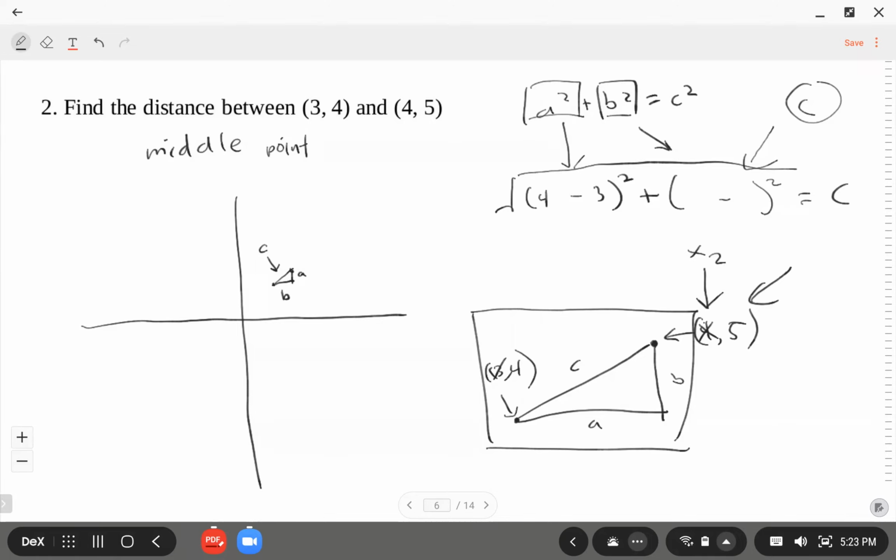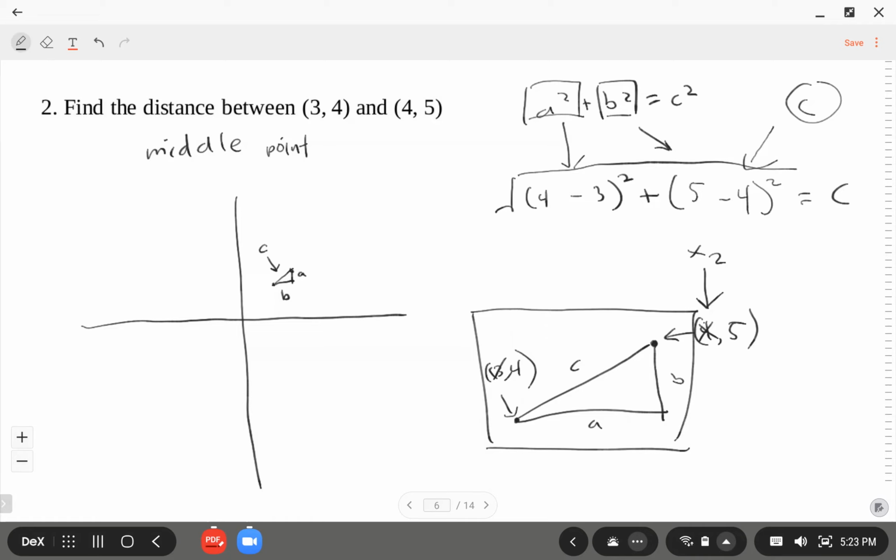It can't be x2 and then y2 right here. No, it can't be like that. So it has to come from the same coordinates, okay? So then you'll know that this will be y2, and then the 4 will be y1, okay?